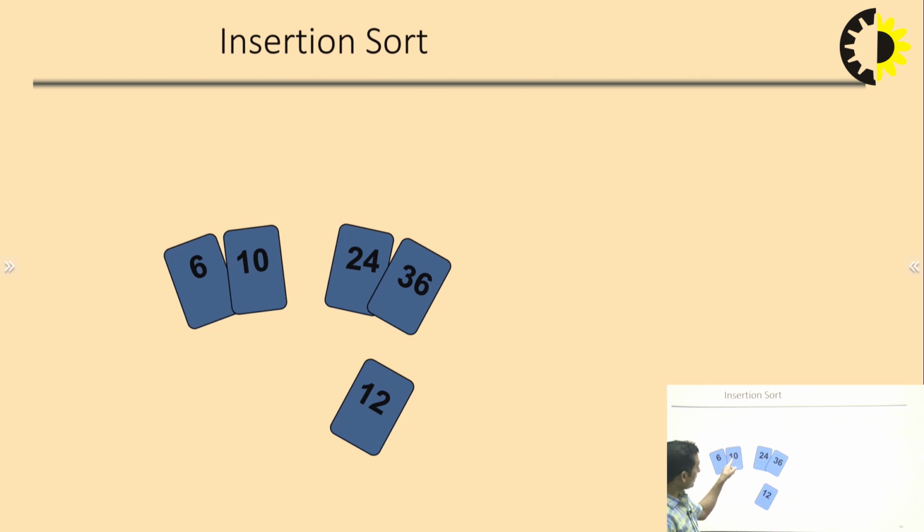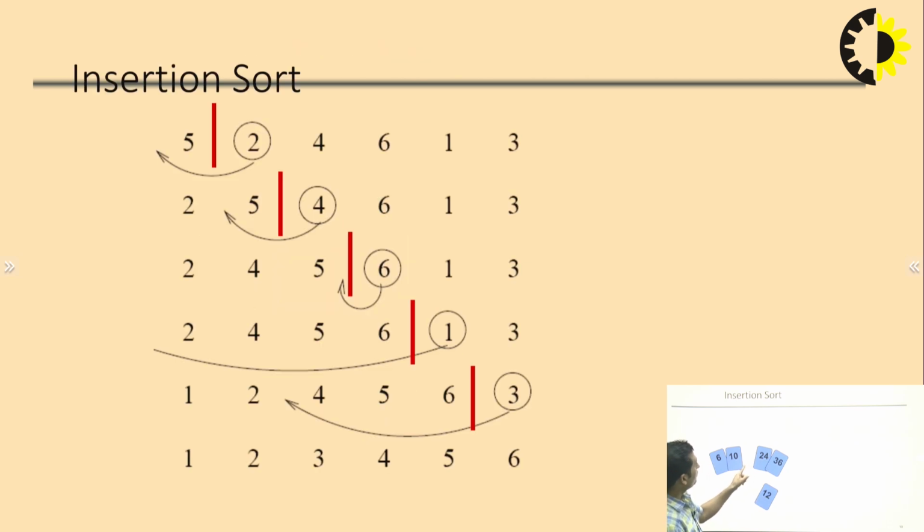Now this ith element is not greater than this particular key, so place this card at which position? This is the i position and this is the i plus 1 position. So keep this card at the i plus 1 position here. This is the proper place for this particular key value.